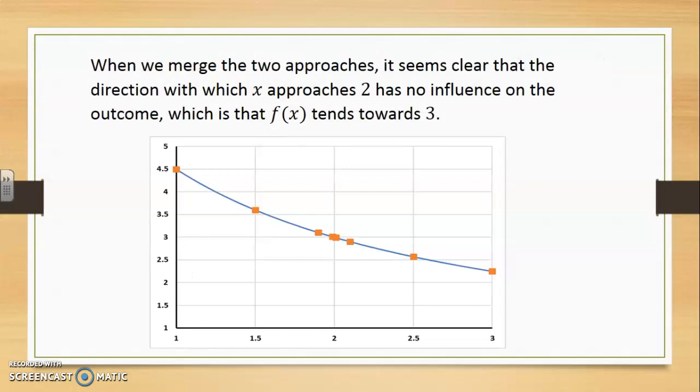When we merge the two approaches, it seems clear that the direction with which x approaches 2 has no influence on the outcome, which is that f of x tends towards 3 as x approaches 2.